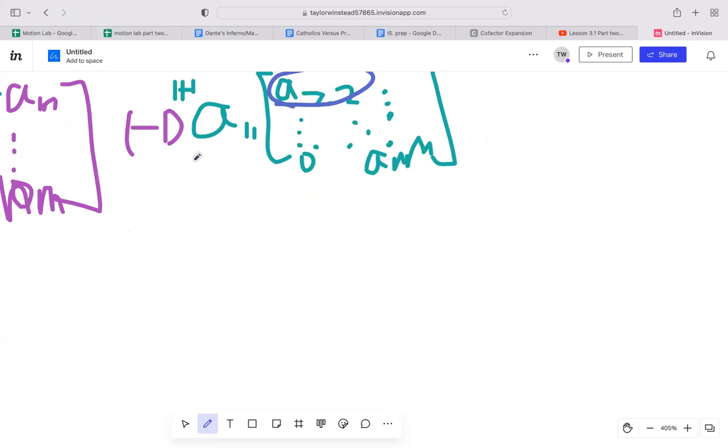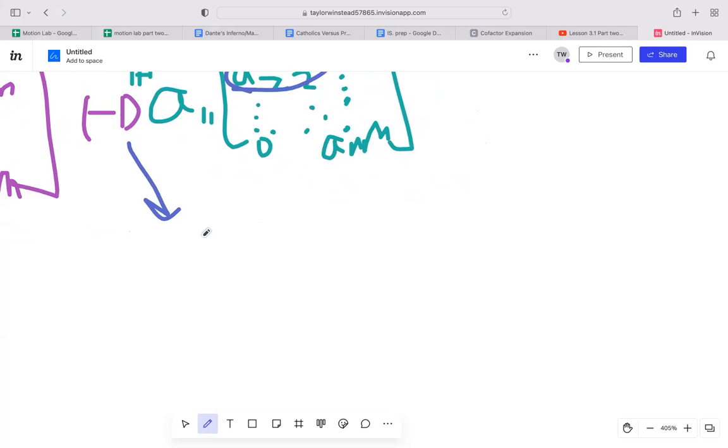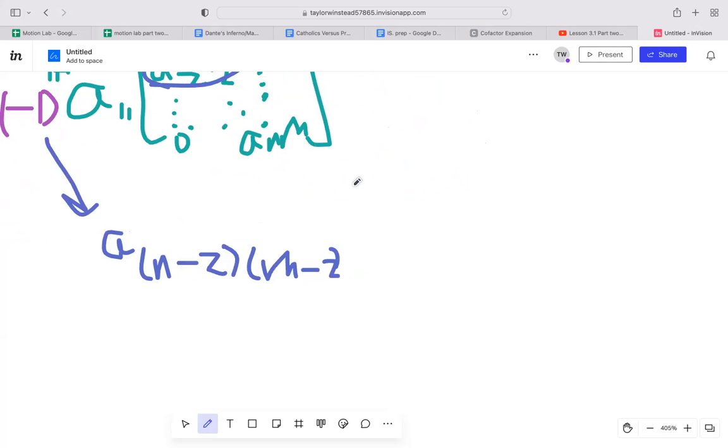But let's bring it back to this idea of finding invertibility. If you bring it all the way down, the last term you're going to end up with, to make it a 2 by 2 matrix, is A(n-2)(m-2). And I'll explain why this is in a minute.